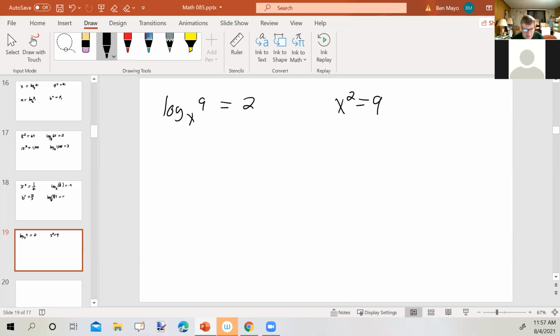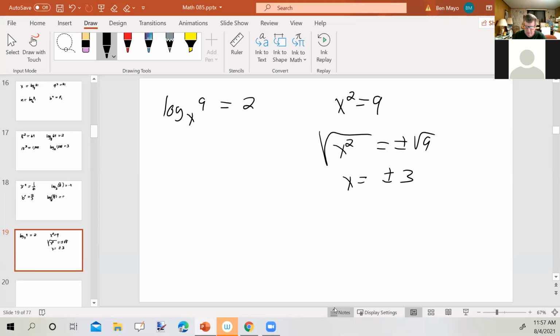Writing it as an exponential equation. Okay. Now, let's solve this thing. Well, we could use the quadratic formula, but before we learned that, we used the square root property. I couldn't think of the name of it. So let's use that because it's already in that nice form. So x equals plus or minus 3.